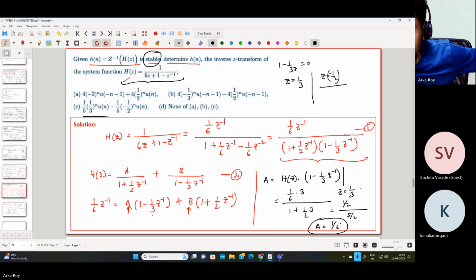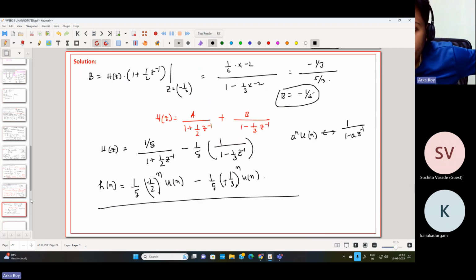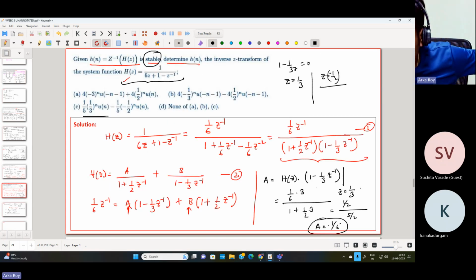So this will be 1 minus 3 by 2. Okay. Sir, the second term is positive. You have taken it as negative. Okay, yes. The second term is positive. So yes, the thing is that b will be 1 by 5 plus, and a will be negative. Yes.